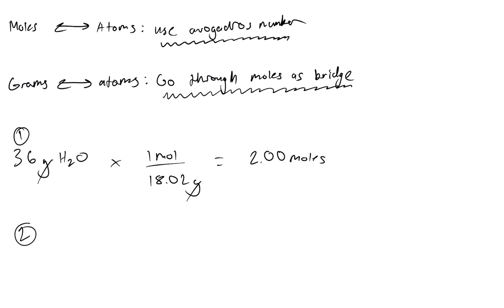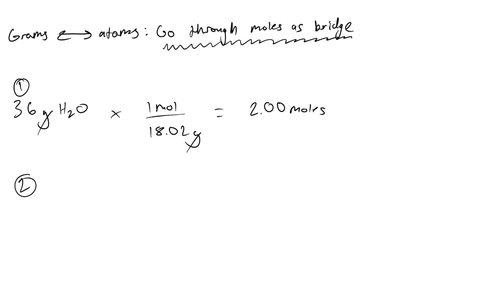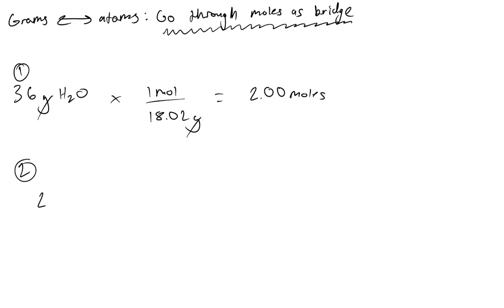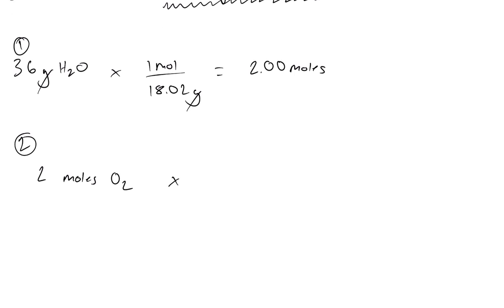Let's try another problem. Let's try to go from moles to atoms. So how many atoms are in 2 moles of oxygen atoms? So here it's simply 2 moles times 6.022 times 10 to the 23.